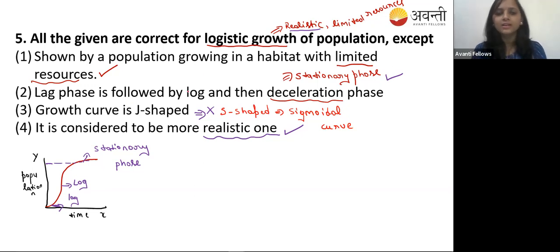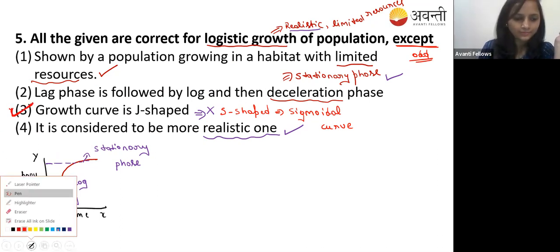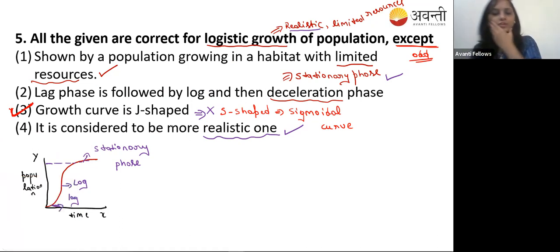Here they are asking which one is correct for the logistic growth, except, meaning the odd one out. So option 3 is the correct answer, because it is an S-shaped curve, not J-shaped.